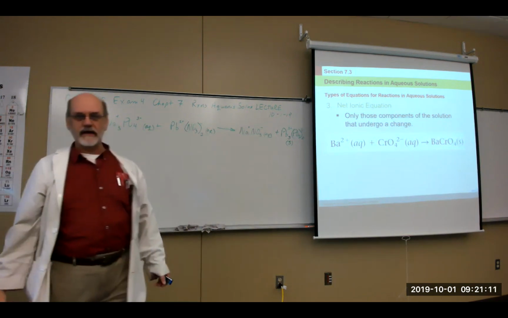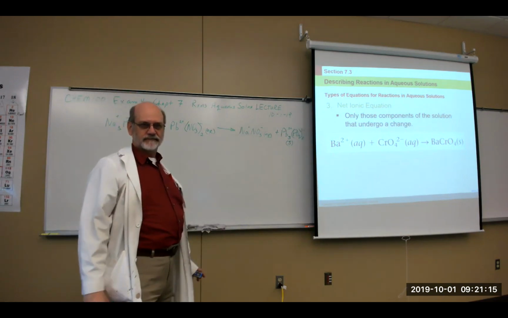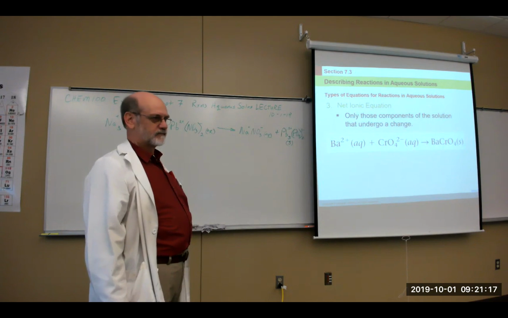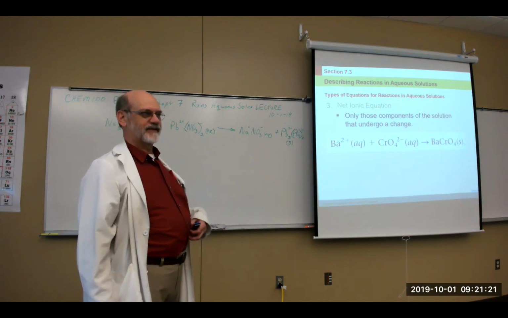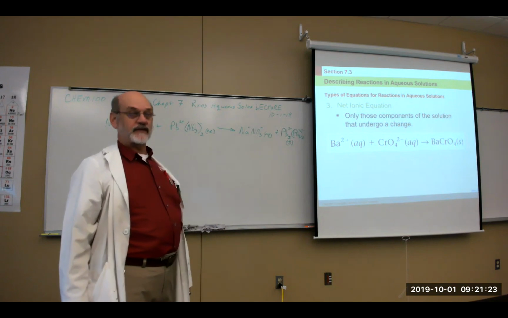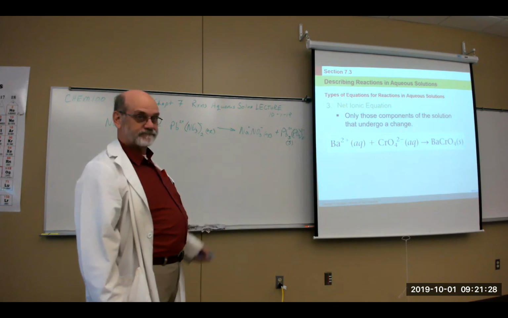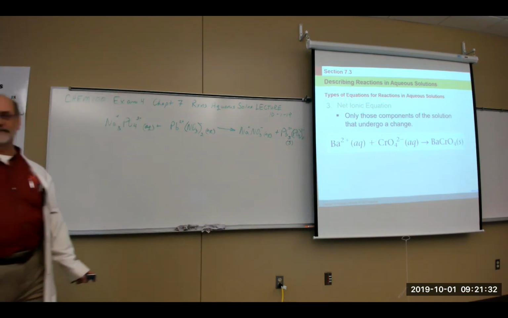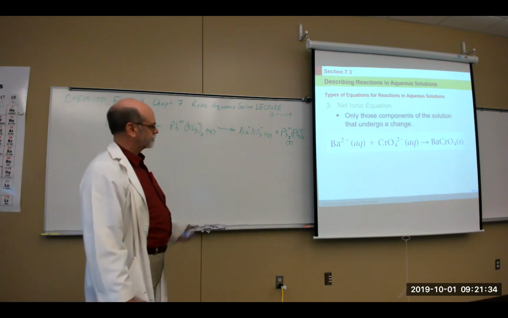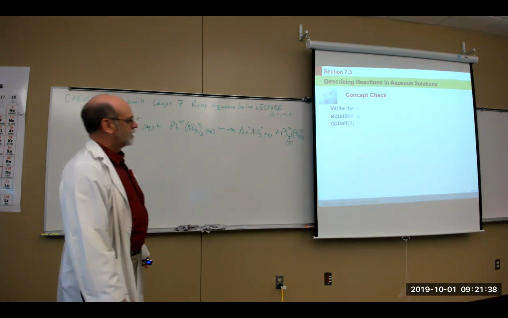You wouldn't have a net ionic equation, because everybody's spectators, right? You put sodium chloride and potassium chloride together. They go into solution, they stay in solution. How can you tell it makes a solid? You look at the chart. Yeah. Okay.